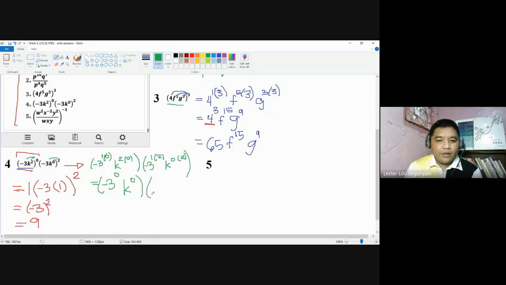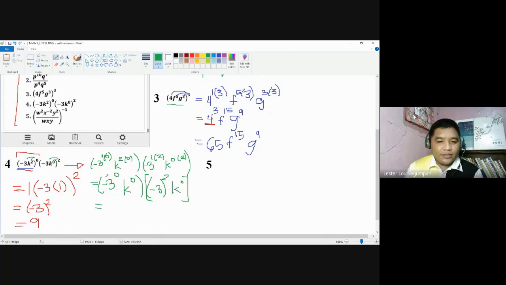For the next term, you have negative 3 raised to 2. But take note that if it's a negative number, make sure there is a parenthesis. Because if you input negative 3 without parenthesis and raise it to 2, especially if you're using a calculator, the answer would be negative 9. Take note of that. Next here, you have k. 0 times 2 is also 0. Then it happens like this.